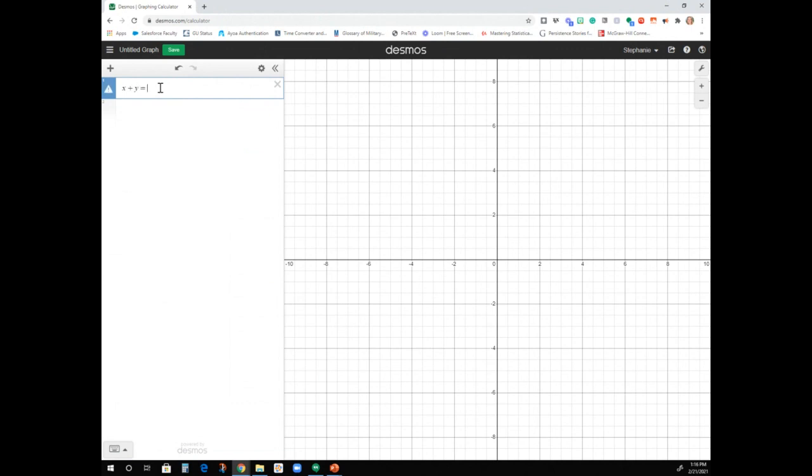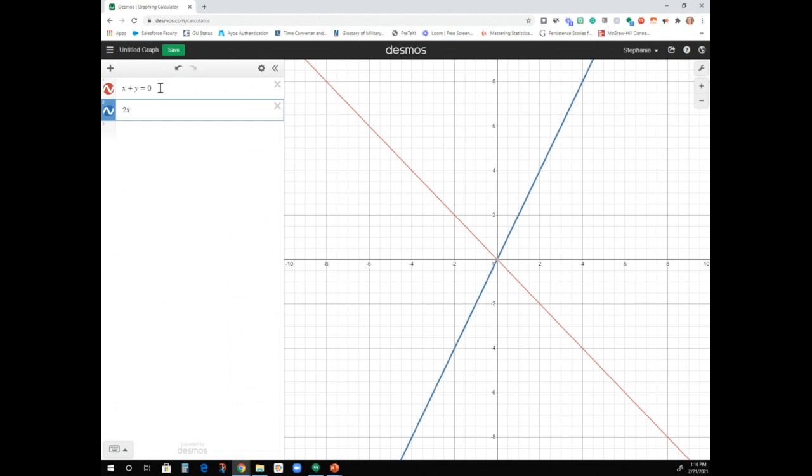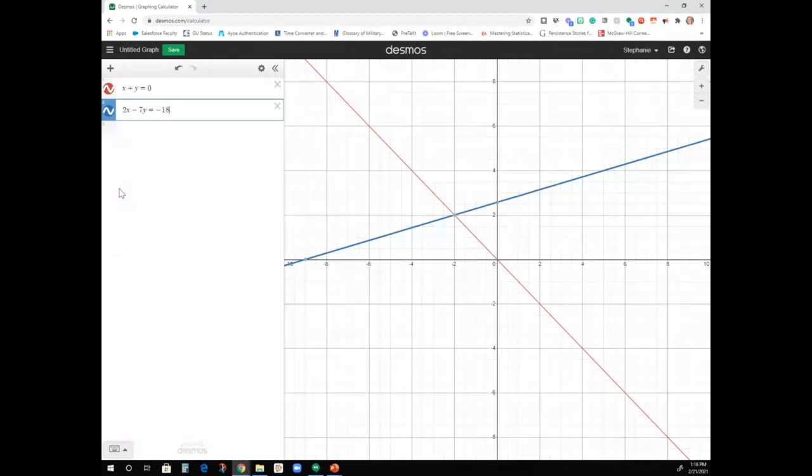X plus y equals 0. And then I hit enter, and then I type in my other equation, 2x minus 7y equals negative 18. Okay. And then it actually highlights our intersection point, and it's actually a whole number, -2 and 2.